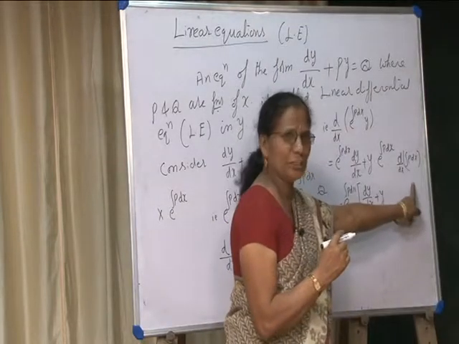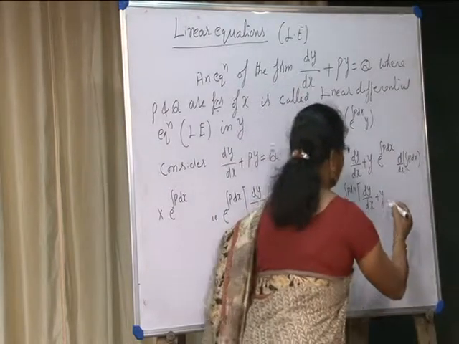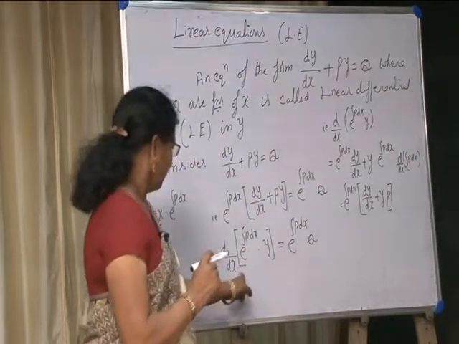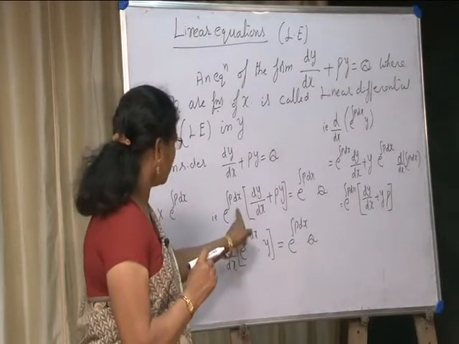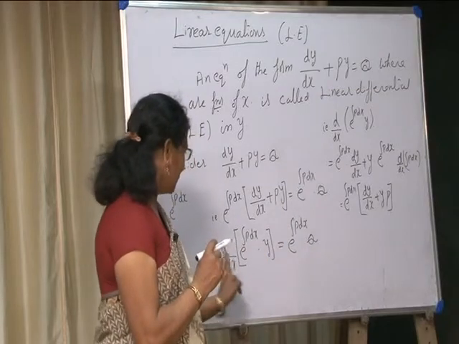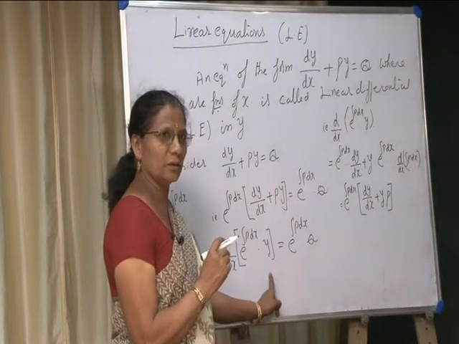Integration and differentiation get cancelled, we get back the function p. So this can be written as the derivative of e to the power of integral of p dx into y.